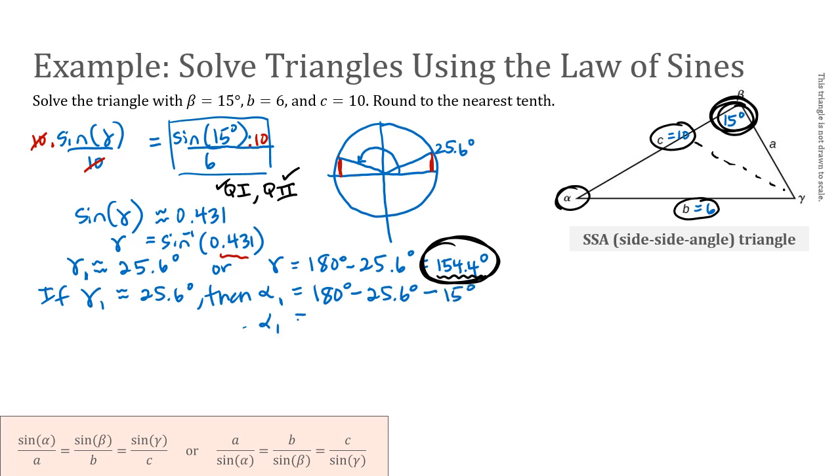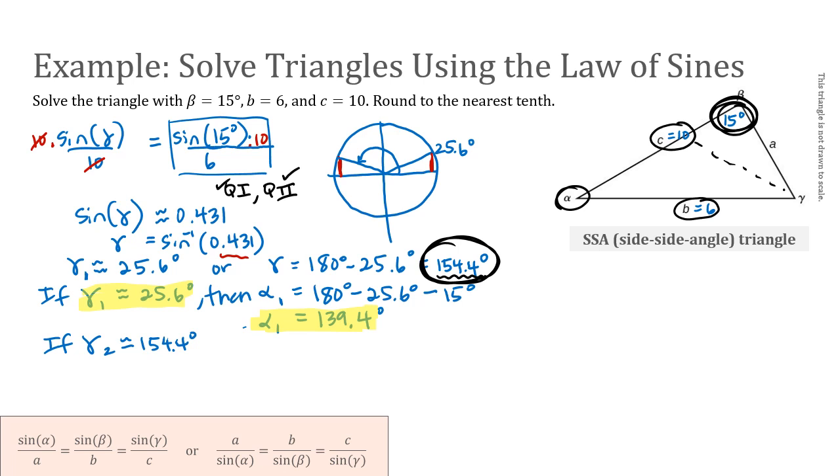So alpha sub 1 becomes 180 degrees minus 25.6 degrees minus 15 degrees, which is 139.4 degrees. All right, so if gamma is 25.6, then alpha is 139.4.